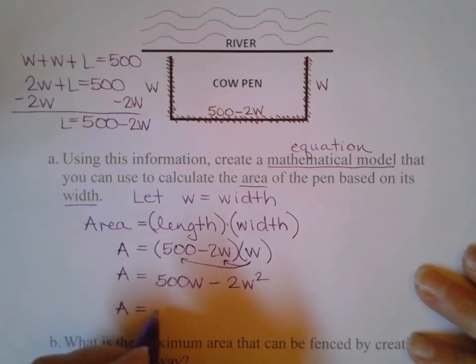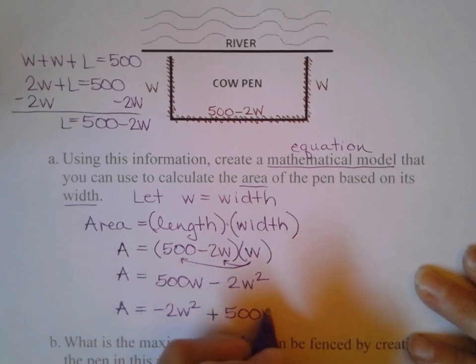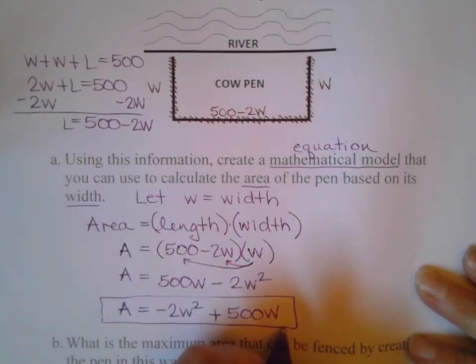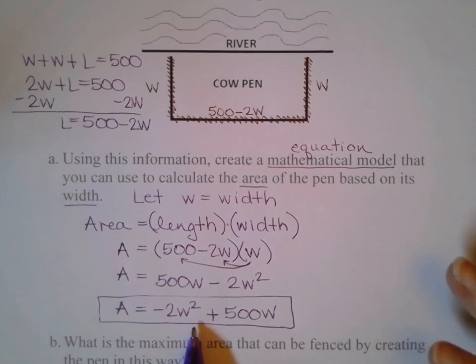So let me rewrite this as negative 2W squared plus 500W. Okay, and we've done our job. We've created a mathematical model that we can use to calculate the area based on the width. So if I'm given any number for the width, I can calculate what the area of the pen would be.